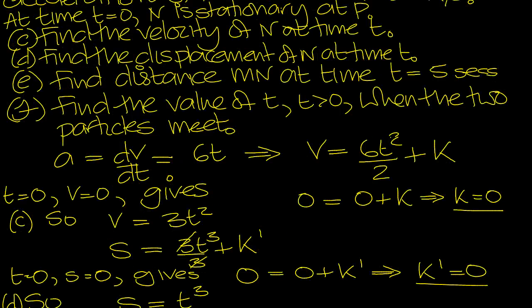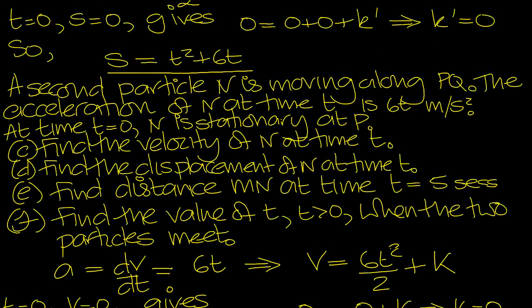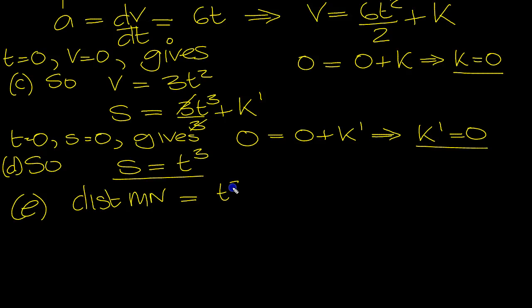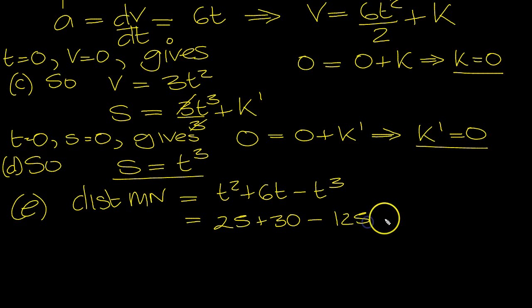The distance of m is given by t squared plus 6t. So t squared plus 6t minus t cubed. When t is 5 we get 25 plus 6 fives, which are 30, minus 5 cubed, which is 125. The distance will be the modulus, so put a modulus around it. 55 minus 125 is minus 75. So it's a distance of 75 meters.